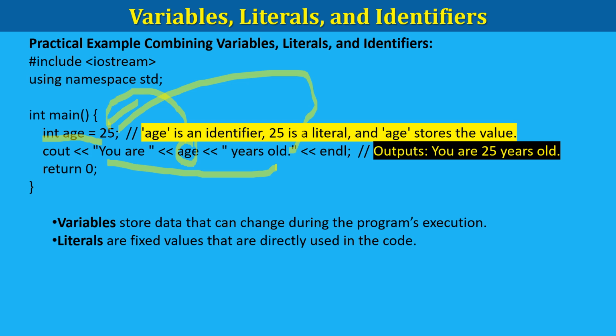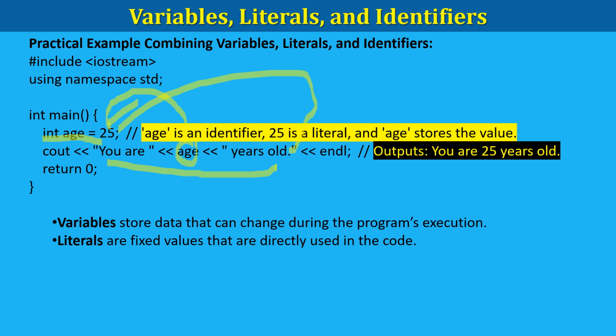In this example, int declares a variable called age, and 25 is a literal assigned to the variable. As I said earlier, age is an identifier used to refer to the variable. cout prints the value stored in age on the screen.